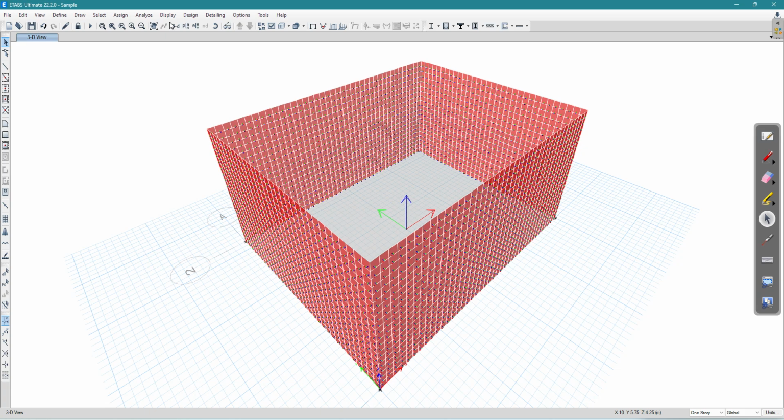So while discussing the uplift, what is the self weight of the tank here? How will we calculate the self weight of the tank?